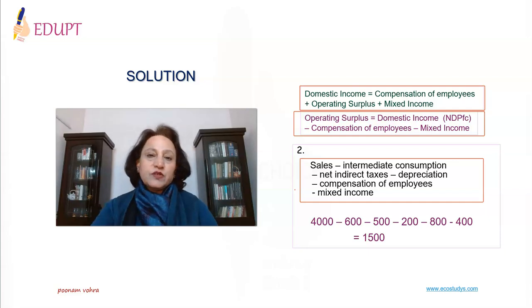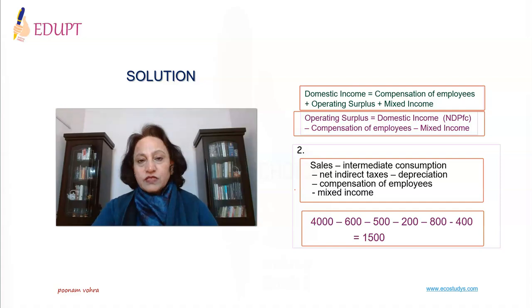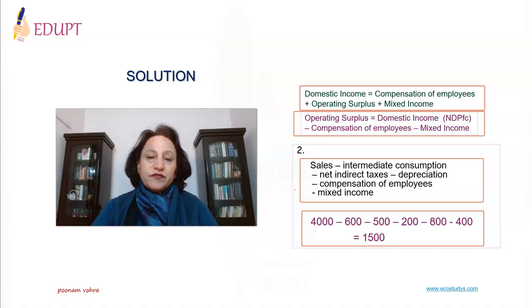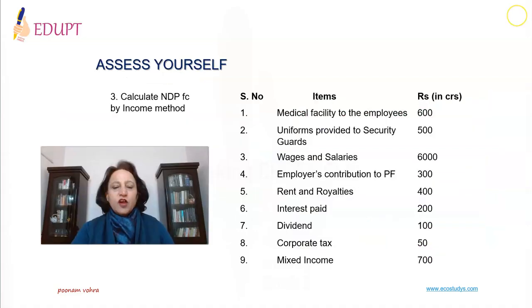And then one has to deduct compensation of employees and mixed income. So substituting these values, it is 4,000 minus 600, minus 500, minus 200, minus 800, minus 400. One gets 1500.